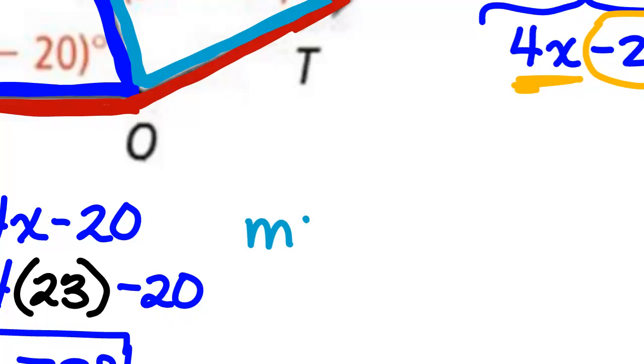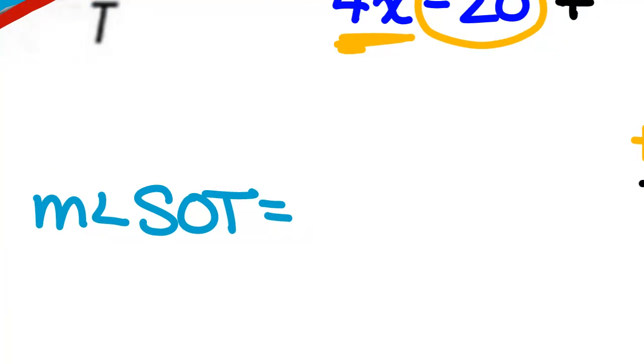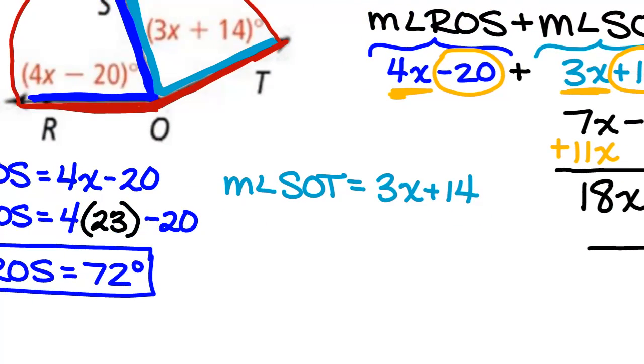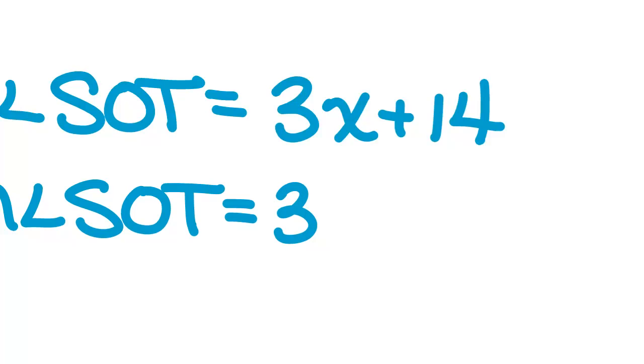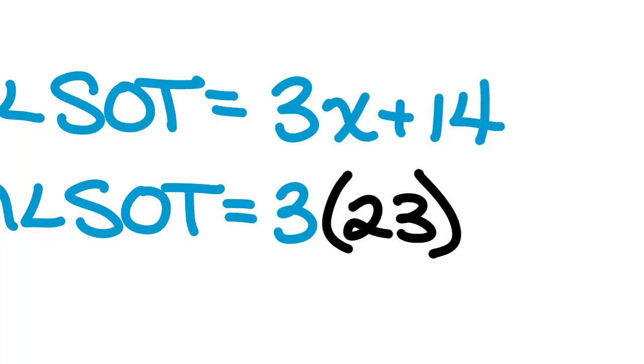And then we still need to find the measurement of angle SOT, which is 3x plus 14. So measurement of angle SOT is equal to 3 times 23 plus 14.